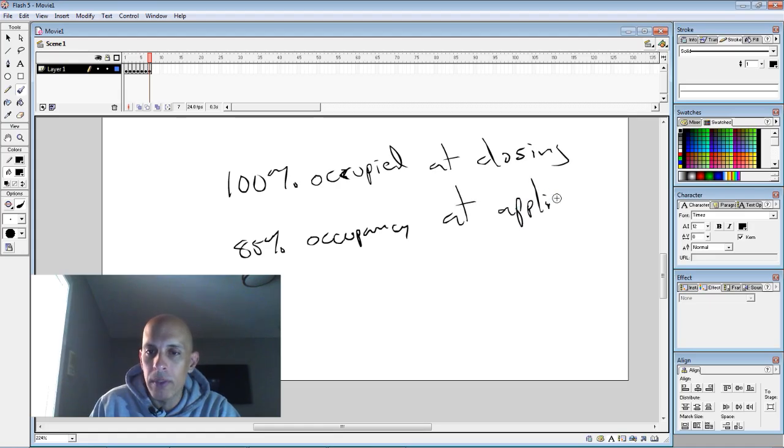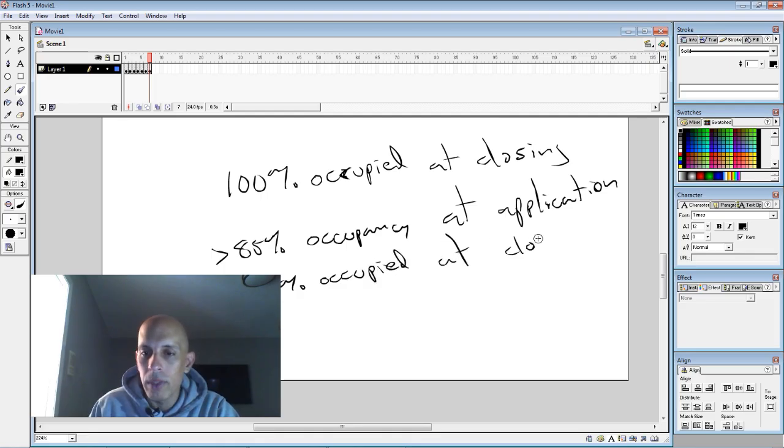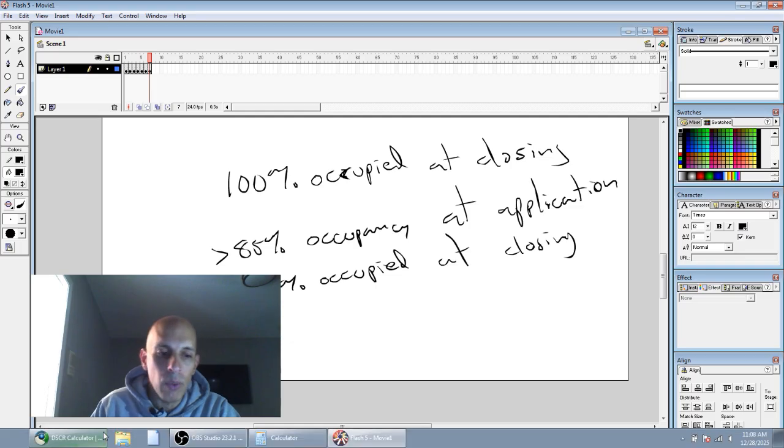So when you first apply with us, it would have to be at least 85% occupied. But at closing, we still require, again on the agency loan, not the DSCR loan, that it is 100% occupied at closing. And that's generally the way it goes.